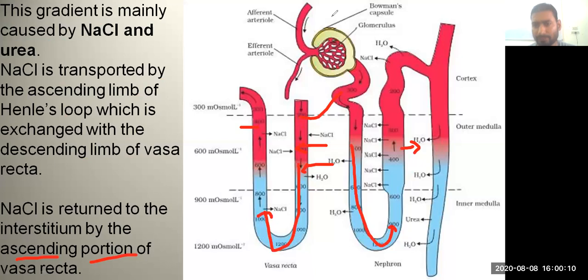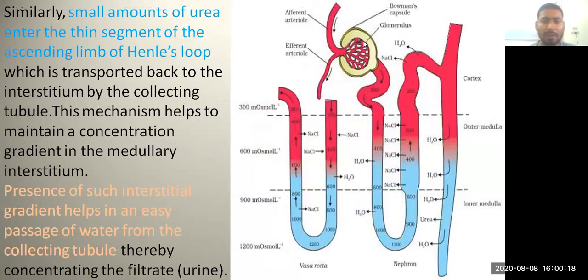Okay. Now, you can see in the next figure, which is clearly explained, the same thing is also given. What is it saying? Similarly, here, small amounts of urea. I had already told you two things play an important role. First is the NaCl and another is the urea.